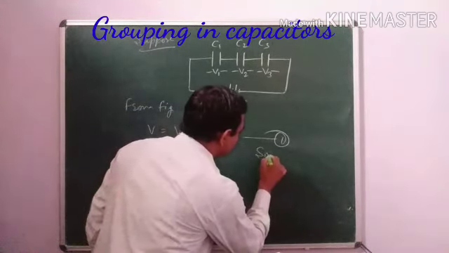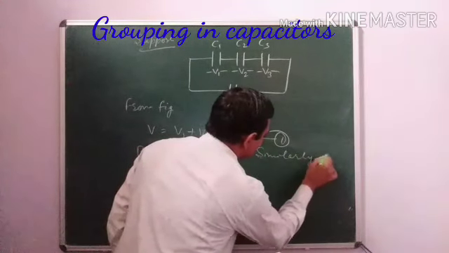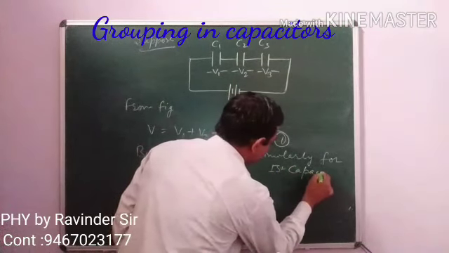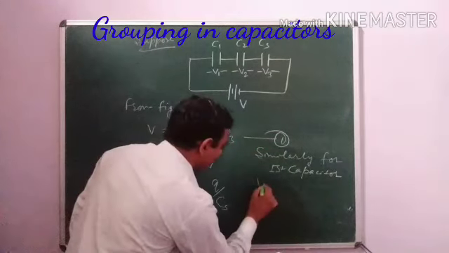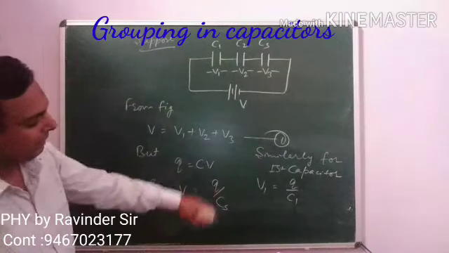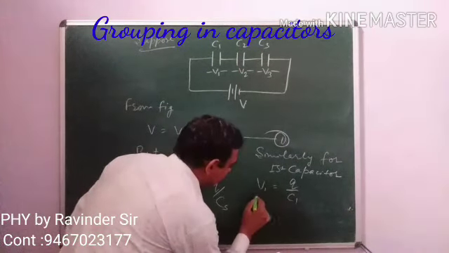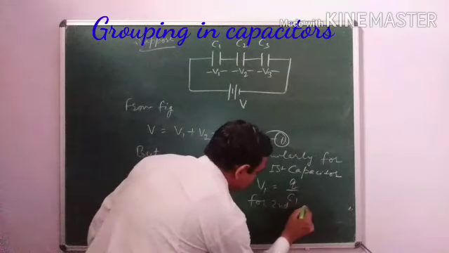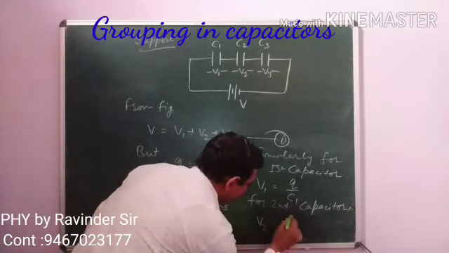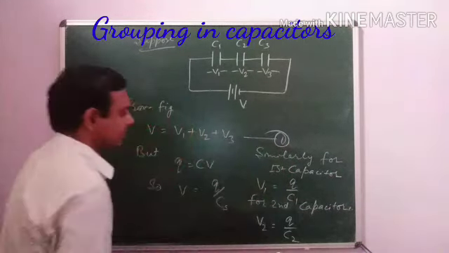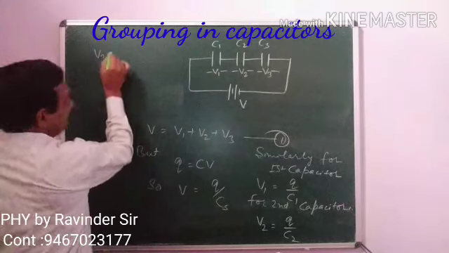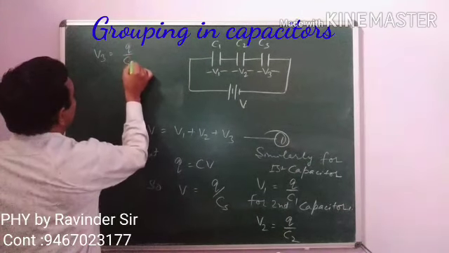Similarly, for the first capacitor, V1 is equal to Q by C1. And similarly for the second capacitor, V2 is equal to Q by C2, and so on. Similarly for the third, Q upon C3.